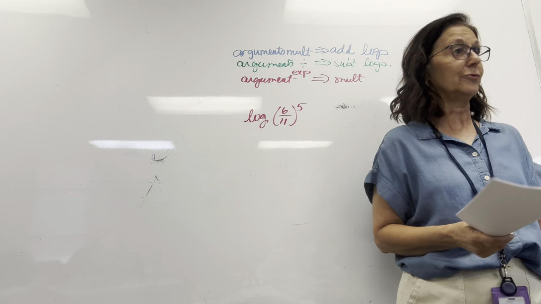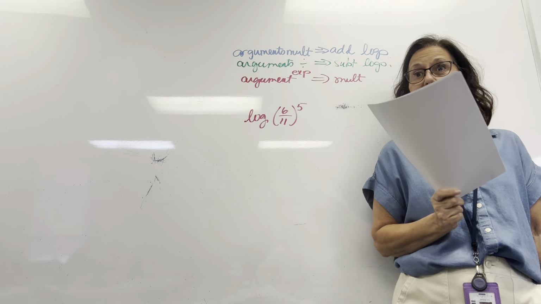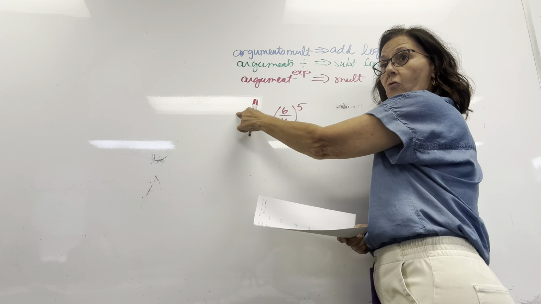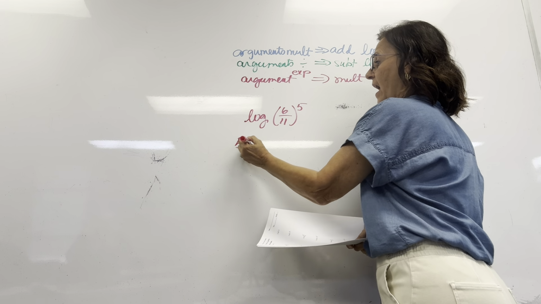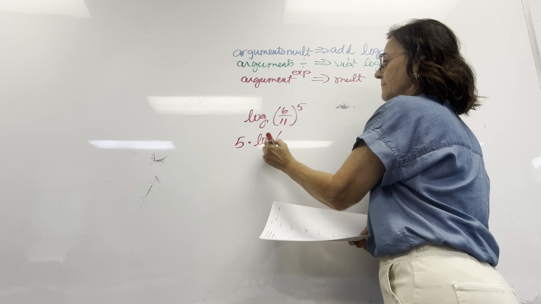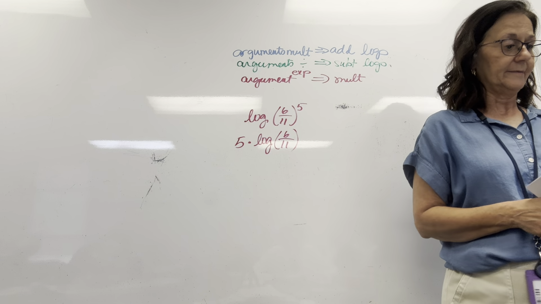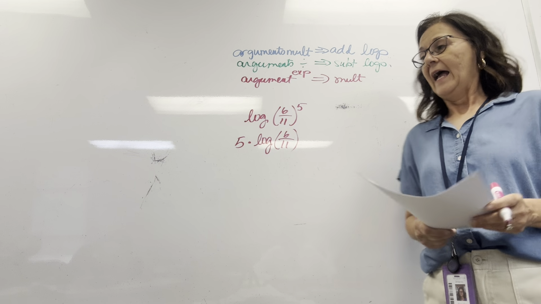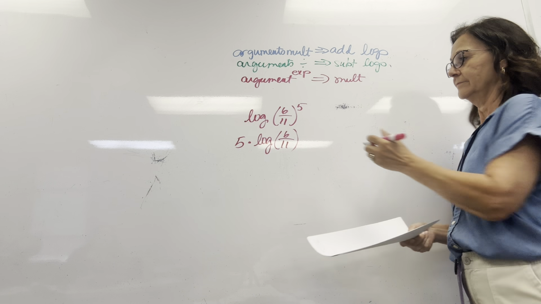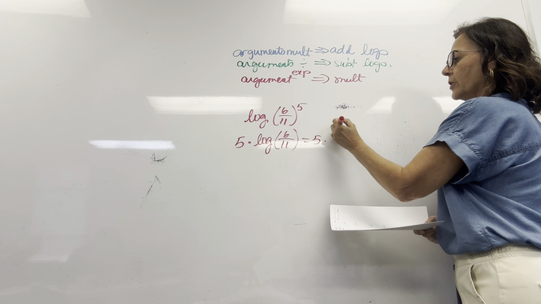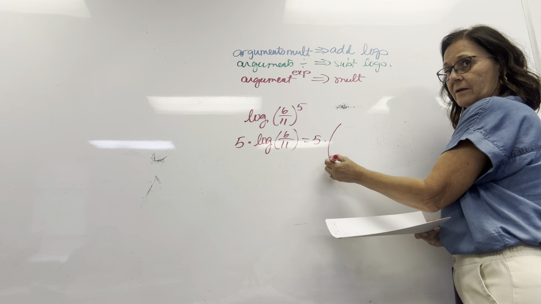We have 2 different log rules. The first thing you're going to do is pull the exponent out. 5 times the log of 6 over 11. And division is subtraction, so that's 5 times, and you could open a parentheses.